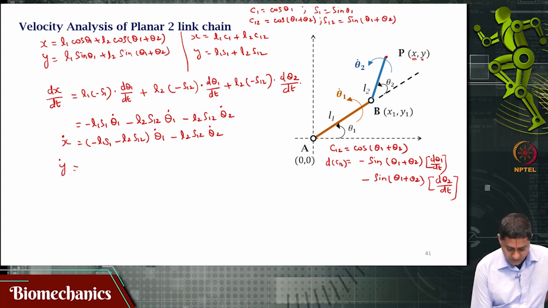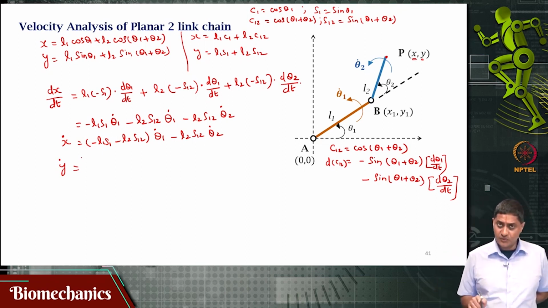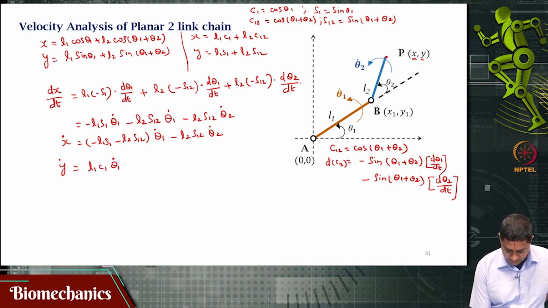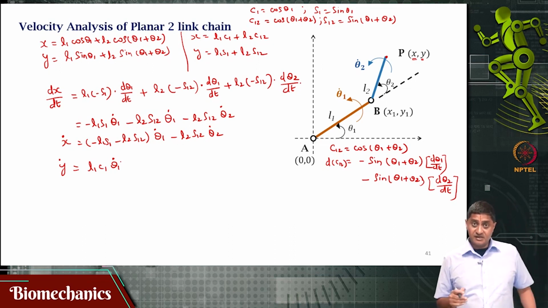Similarly, differentiating L1 S1, I will get L1 C1 times theta 1 dot. So, I am writing y dot as L1 C1 theta 1 dot, plus L2 S12, because there are two sines involved, sine of theta 1 plus theta 2.